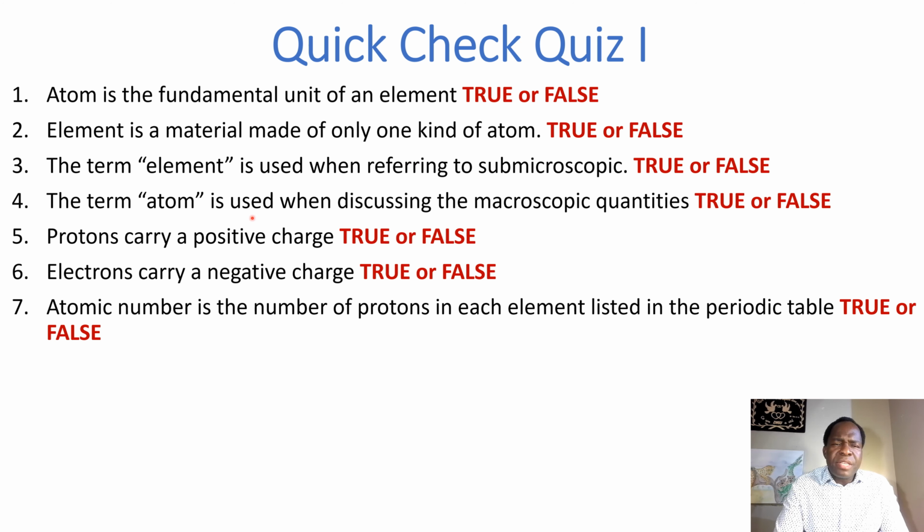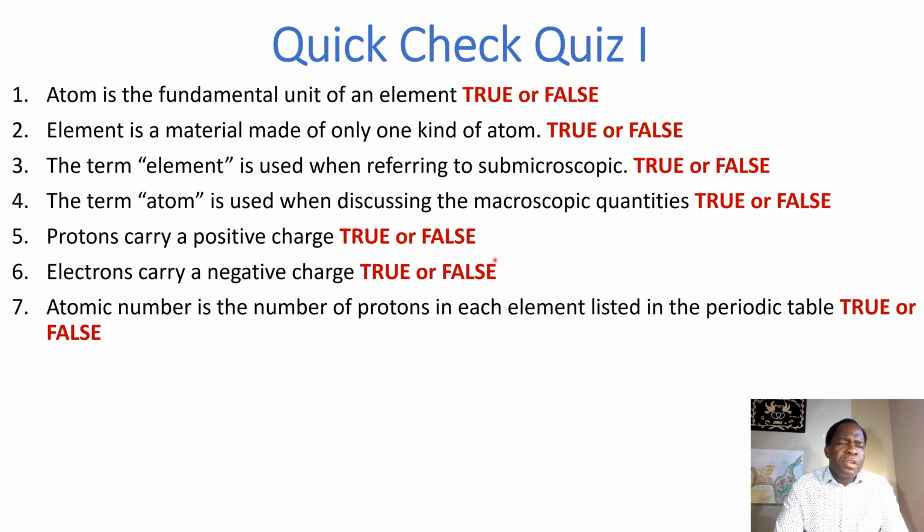The term element is used when referring to the sub-microscopic. True or false? The term atom is used when discussing the microscopic quantity. True or false? Proton carries a positive charge. True or false? Electron carries a negative charge. True or false? Atomic number is the number of protons in each element listed in the periodic table. True or false?